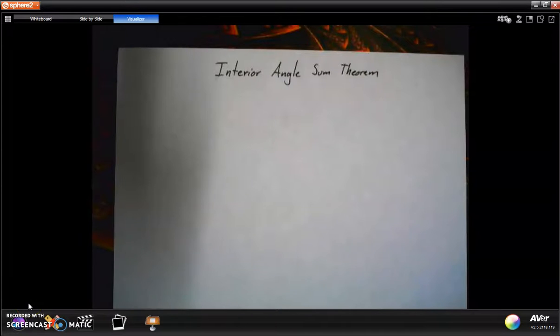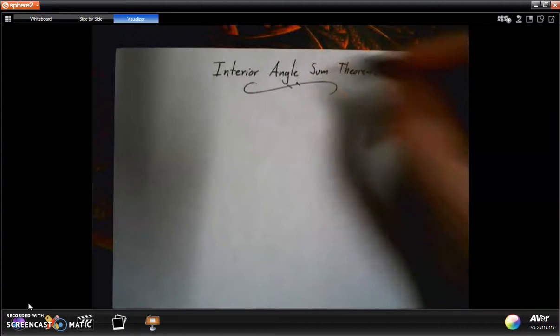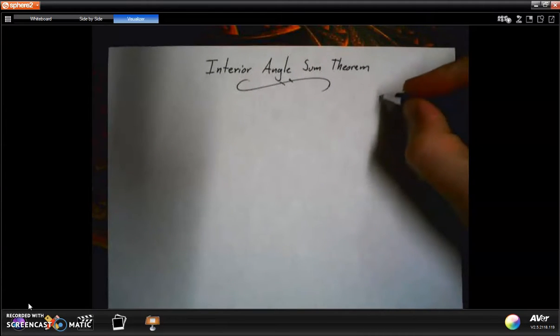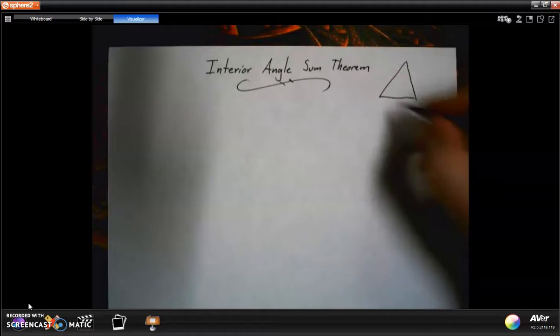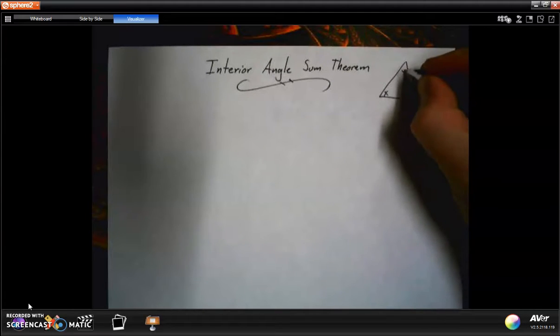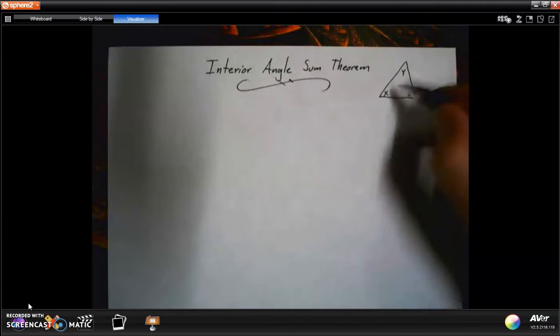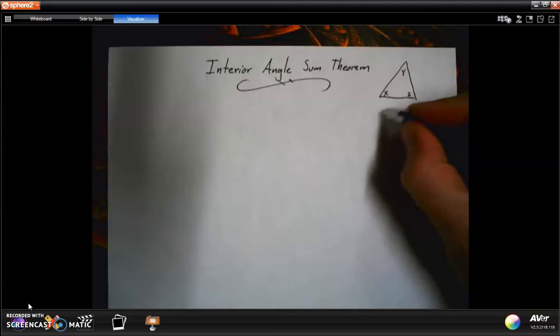Hey everybody, today I'm going to teach you about the interior angle sum theorem. The interior angle sum theorem says that if you have any triangle, any size triangle, a big one, small one, fat one, skinny one, you name it, any triangle that has three angles, we'll say X, Y, Z, the three interior angles add up to equal 180 degrees.